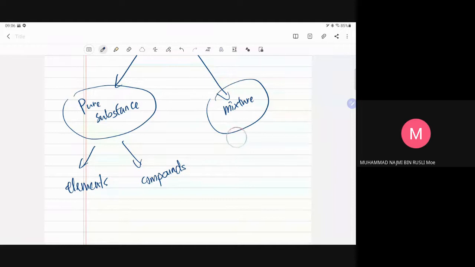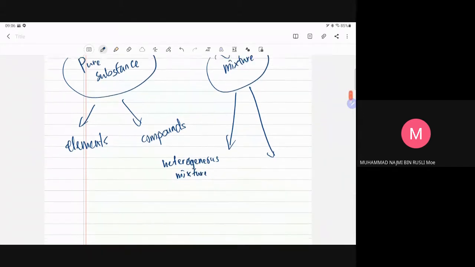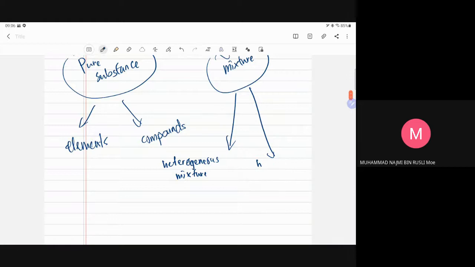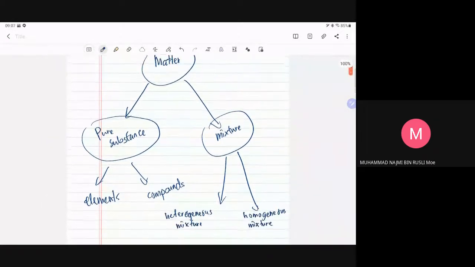Whereas mixture pula ada dua: heterogeneous mixture and homogeneous mixture. Okay, so this is essentially what you have learned yesterday.